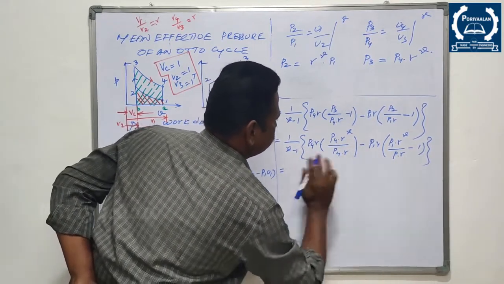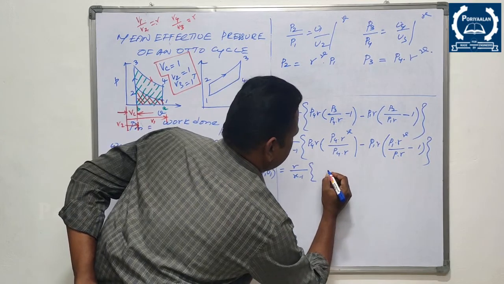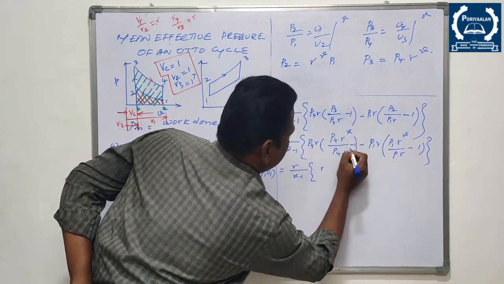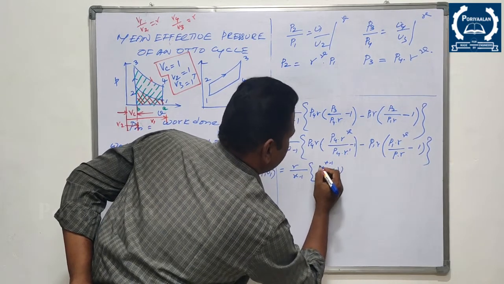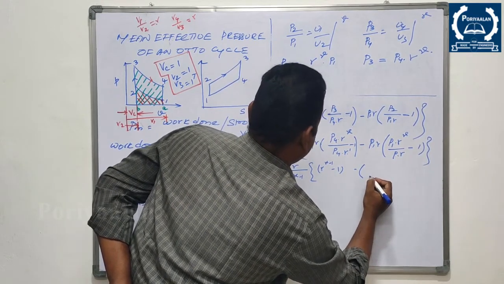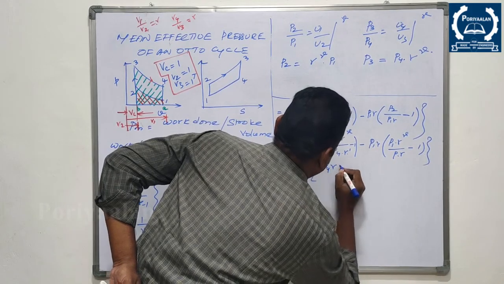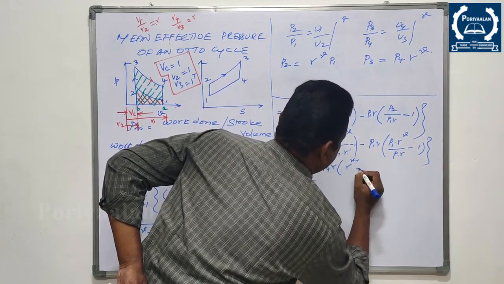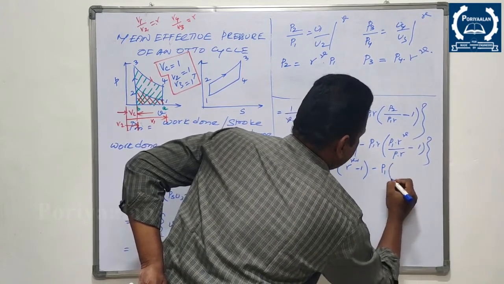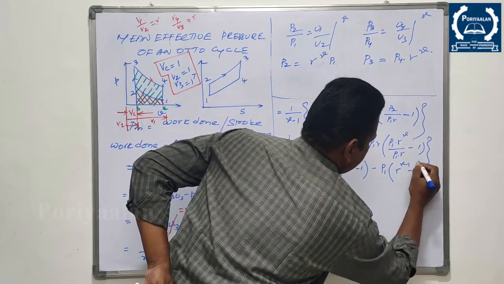I am taking r from these two as a common factor, so r by gamma minus 1 multiplied by P4 into r power gamma minus 1 minus 1, minus P1, into r power gamma minus 1 minus 1, right.